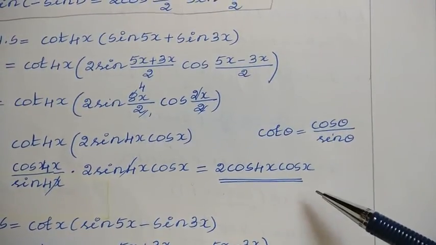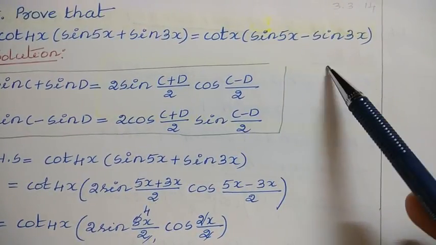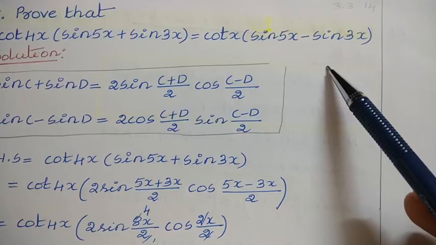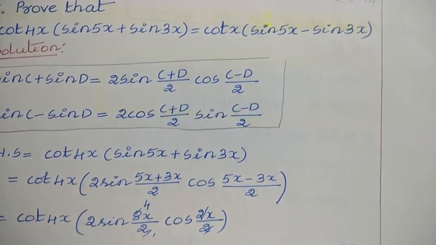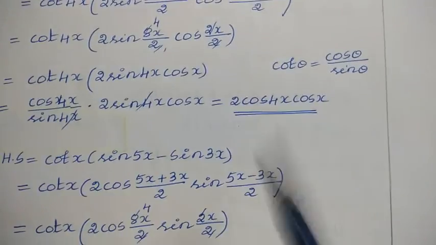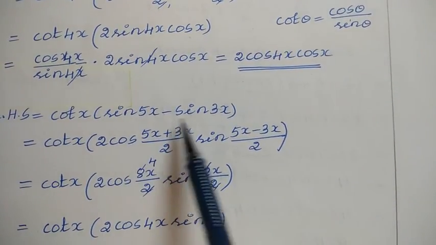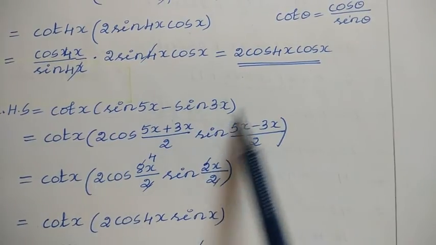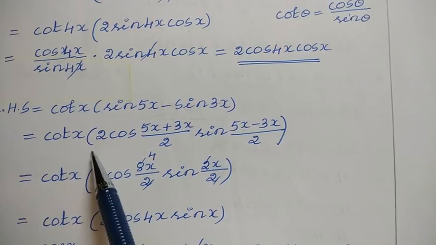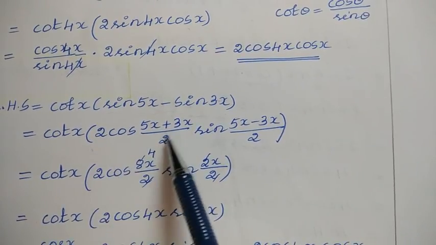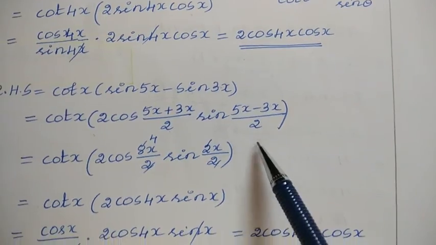So what we will do is take the right hand side again, apply the formula, and whatever answer we get should match this one. So now again I'm taking the right hand side, cot x into (sin 5x minus sin 3x). For this you apply the formula sin C minus sin D. So here we get cot x into 2 cos((5x+3x)/2) sin((5x−3x)/2).